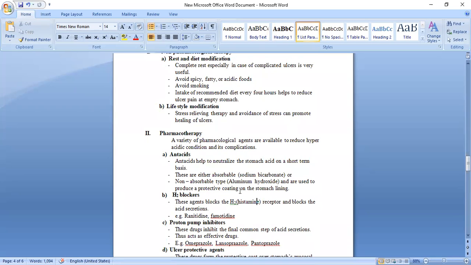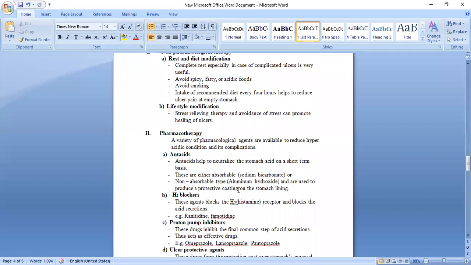These are not absorbed into the blood, but it causes what? These are the non-absorbable type: aluminum hydroxide, aluminum, Gelusil, you know the advertisement of Gelusil on the TV, isn't it? So it comes under the non-absorbable type. These will produce a protective coating.